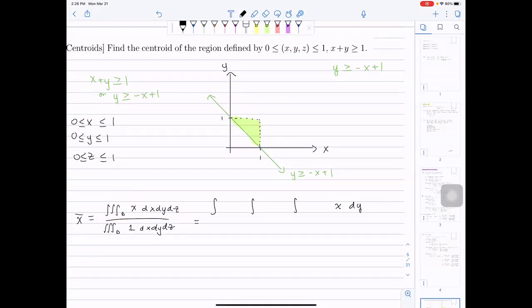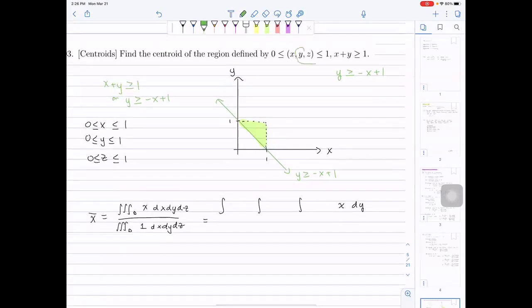If we start with the y bound, we're told that y is less than or equal to 1 no matter what, so that's our greatest value. And from this equation, we're told that y has to be greater than or equal to this. So from these two equations, we're already given the minimum and the maximum. So y is going to be from 1 minus x, or negative x plus 1, to 1.